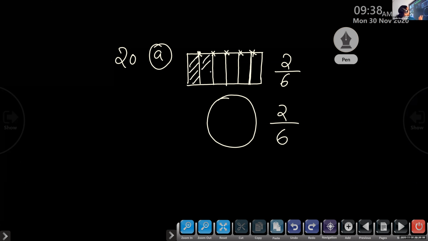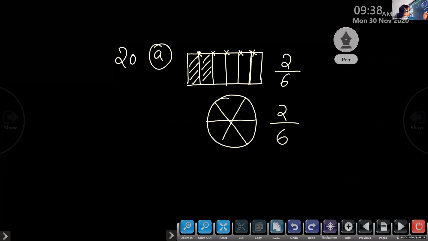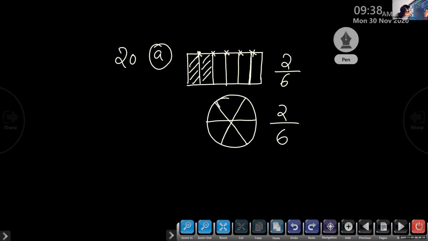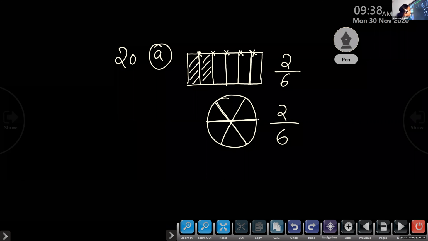Okay. Next one, how can we make it? First we will draw half, then make equal. Two parts.